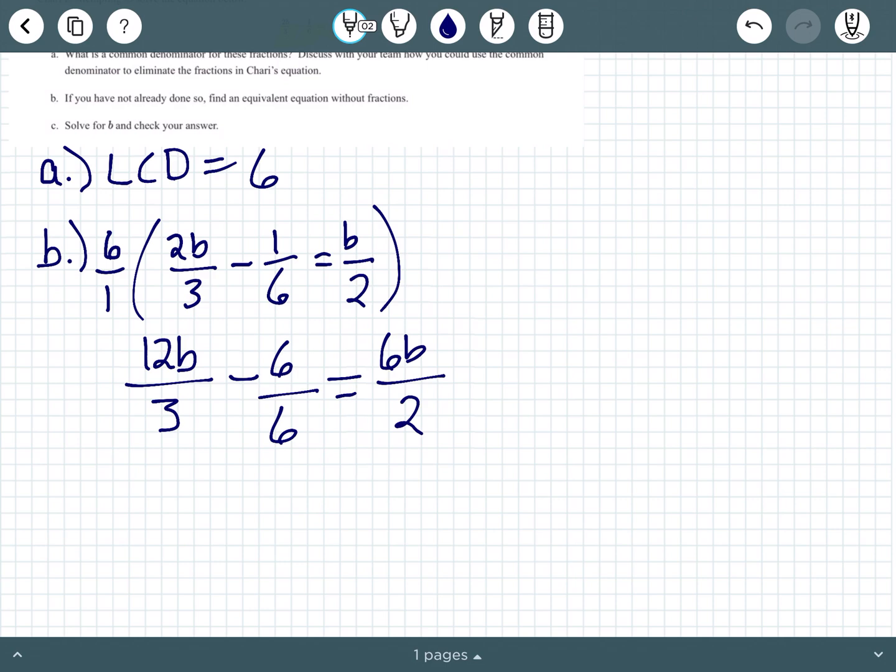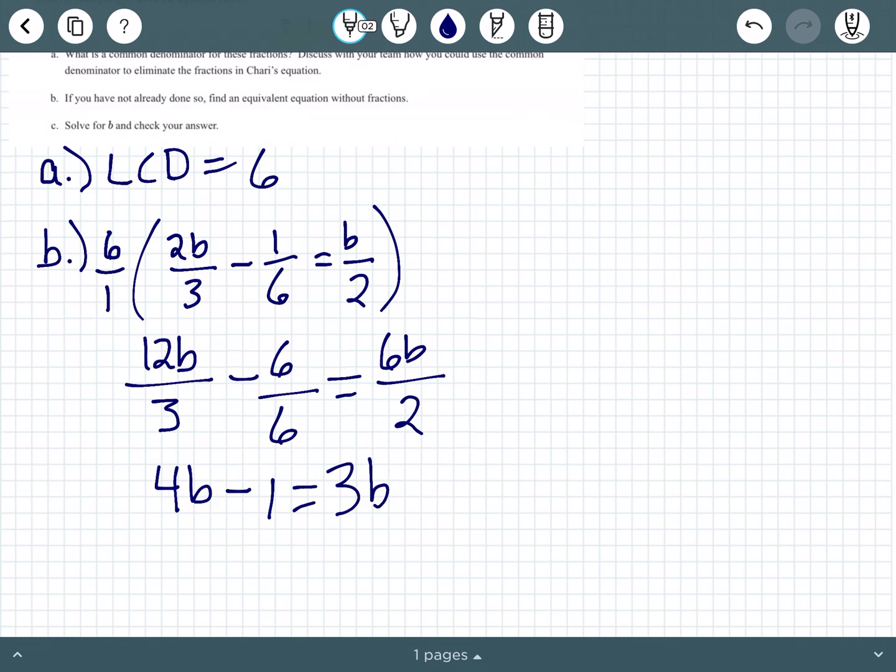However, if you think back to the last couple problems, we can use that fraction bar as division. So 12b divided by 3 would give me 4b. Minus 6 divided by 6 would give me 1. And 6b divided by 2 would give me 3b.